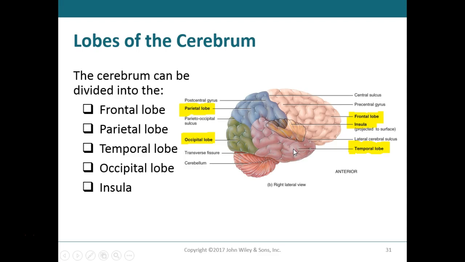So far, everything looks familiar, right? But there's also a fifth lobe that is known as the insula. So the insula can't be seen on the surface because it lies deep within the parietal, frontal, and temporal lobes. But here you can see it drawn in so that you can get an idea of the location.